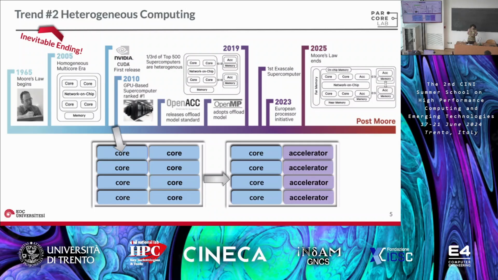The first GPU-based supercomputer ranked number one in 2010, and now maybe more than one third of the supercomputers are equipped with GPUs. So this is the inevitable ending: we will have more and more GPU-based systems, right?